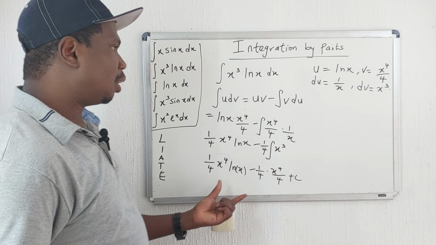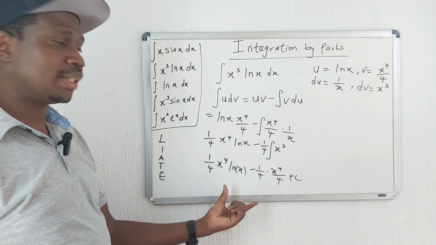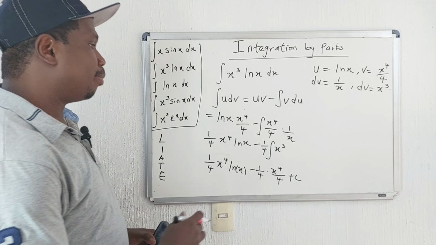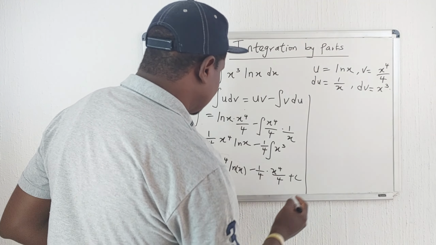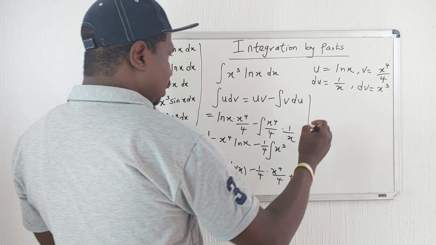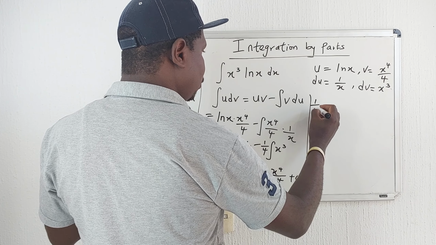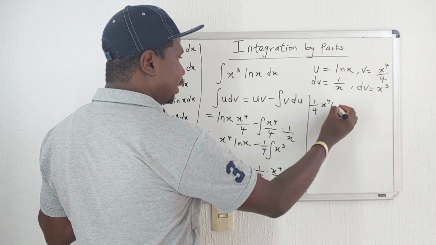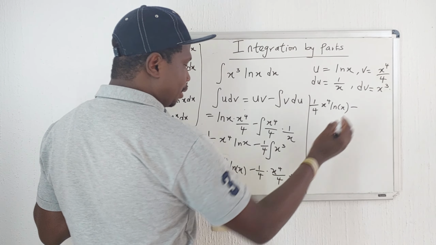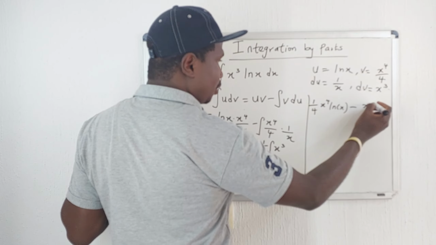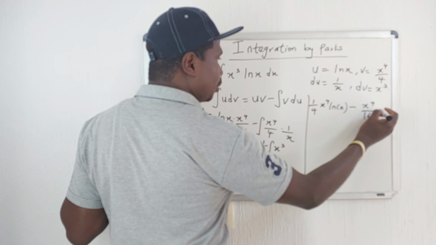Now, I can simplify this. I can leave the answer as my final answer, but you can simplify to make it look better. So I have 1 over 4 x to the 4 ln x minus 4 times 4 is 16, minus x to the 4 over 16 plus c.